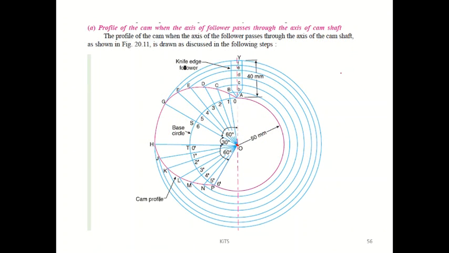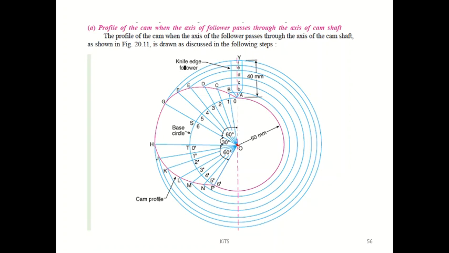So take your compass and take 5 centimeter. 50 mm means 5 centimeter. Take 5 centimeter and draw a circle. This circle should be a light, thin line. Don't draw a thick circle, just draw a thin circle for 50 mm.